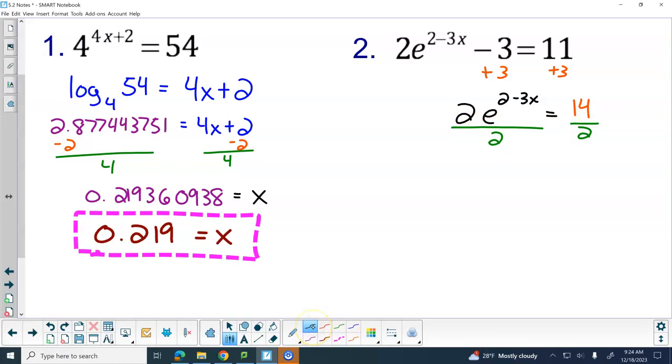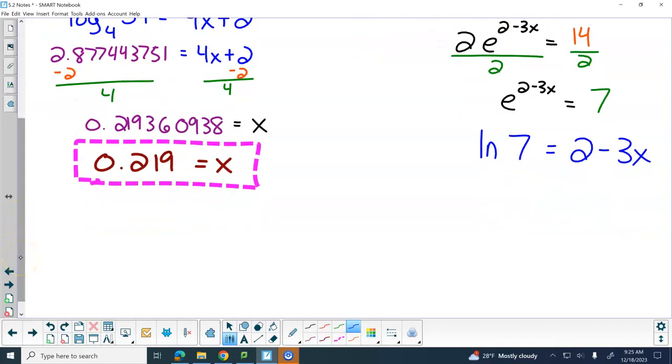That gives me e to the 2 minus 3x power equals 7. Now I've got it isolated, so I can switch forms with it. Log base e, natural log of 7, equals 2 minus 3x.